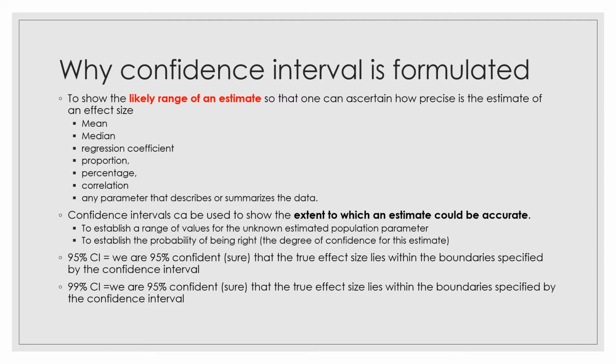The 95% confidence interval means that we are 95% confident or sure that the true effect size lies within the boundaries specified by the confidence interval. The 99% confidence interval means that we are 99% confident or sure that the true effect size lies within the boundaries specified by the confidence interval.